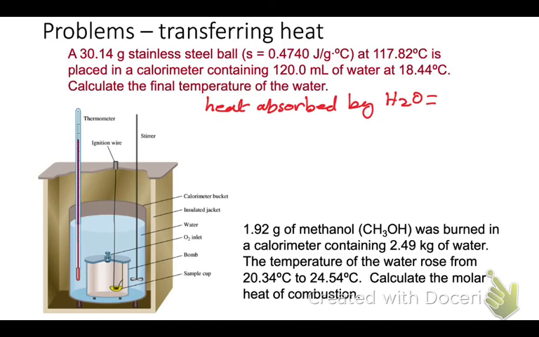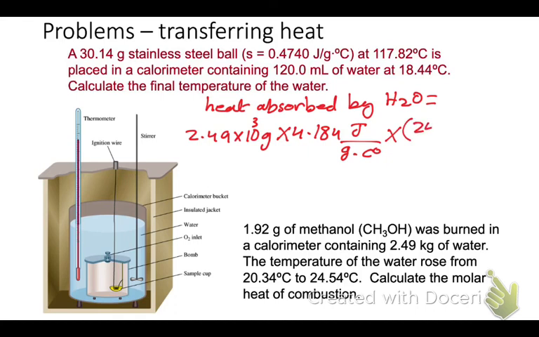I have 2.49 times 10 to the power 3 grams of water, because it's in kilograms, so I have to multiply by 1,000 to convert it to grams, times 4.184 joule for every gram every degree Celsius. That's the specific heat of water, times the change of temperature. So the change of temperature was 24.54 final minus the initial 20.34 degrees Celsius.